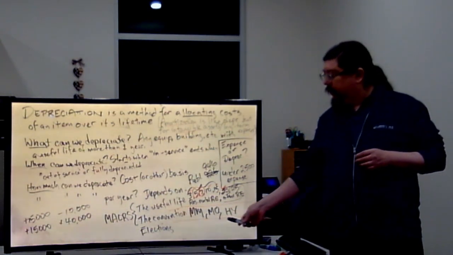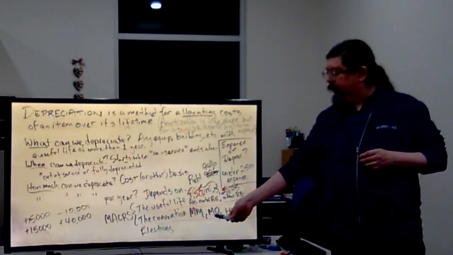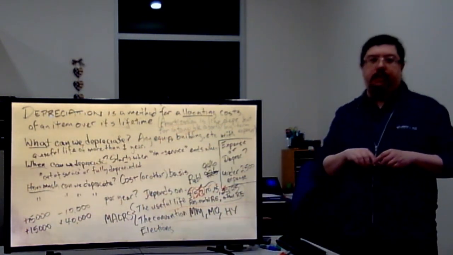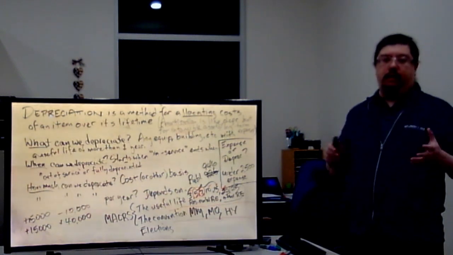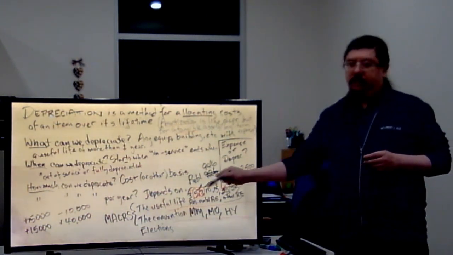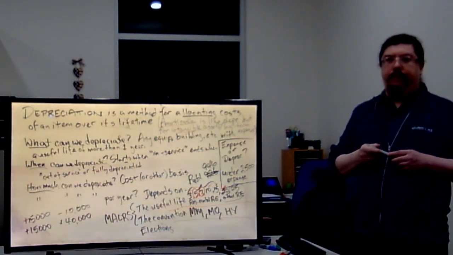And if you fall into this category where you have to use the mid-quarter convention, use it for all of the depreciable assets of 20 years or less that you bought for the year.